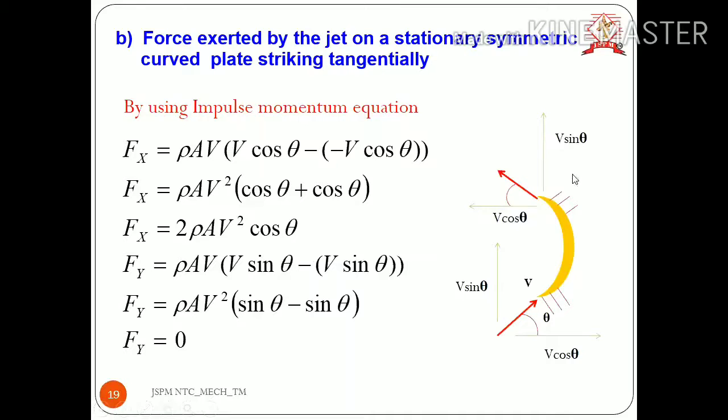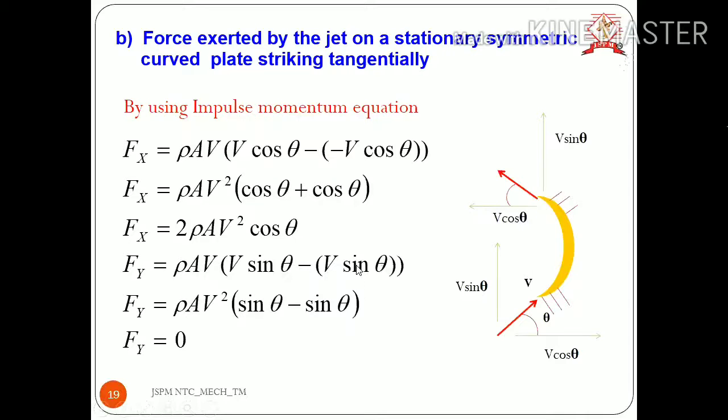And in y direction also we have a component before striking and after striking. So similarly, by using the impulse momentum equation, rho a v in bracket: velocity before striking in y direction is v sin theta, minus the velocity after striking, which is again v sin theta.